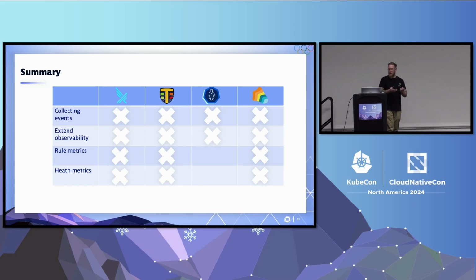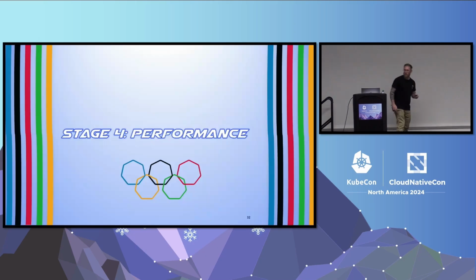All of them have it, except KubeArmor in that regard. But if I had to pick one for the quality of the metrics, Tetragon is a beast on that side.